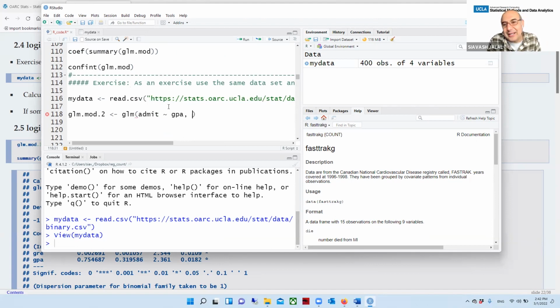And R is case sensitive, so if you make GPA capital, it doesn't work. Data is equal to my data.